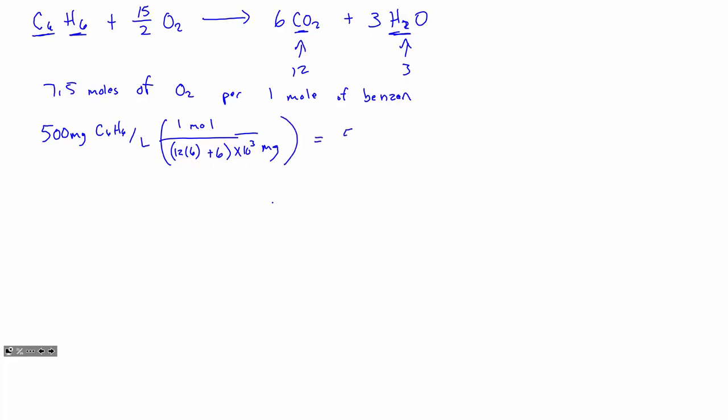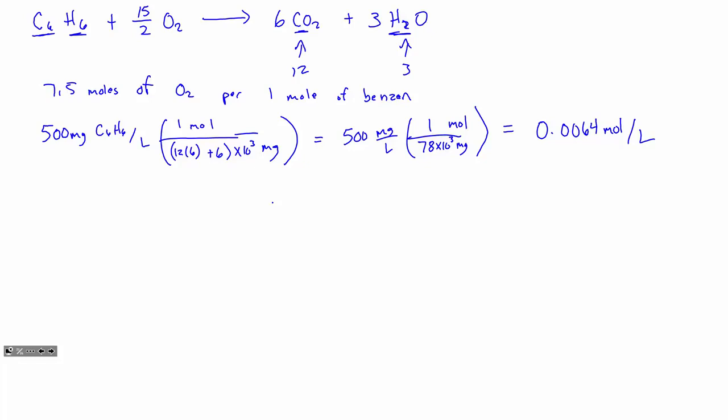So that's going to be equal to 500 milligrams per liter times 1 over 78 times 10 to the third milligrams per mole. We end up seeing here that at 500 milligrams per liter, we have 0.0064 moles per liter. Okay?